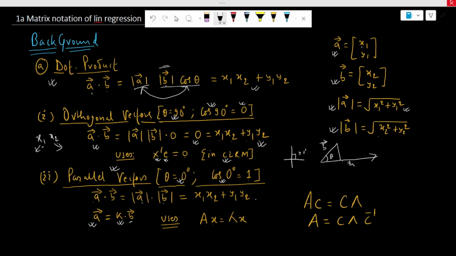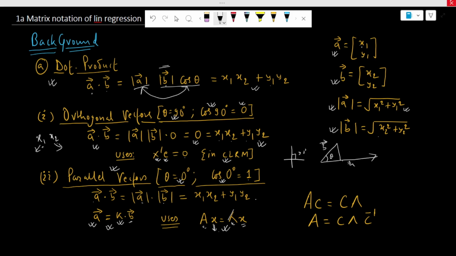eigenvalues and eigenvectors. Here matrix A transforms the vector x, and the transformation is equivalent to simply scaling the vector x. So the internal process involved in calculating either the eigenvalues or the eigenvectors is equivalent to the property of parallel vectors, because here the vector x when transformed is equivalent to simply scaling this vector by the value lambda.